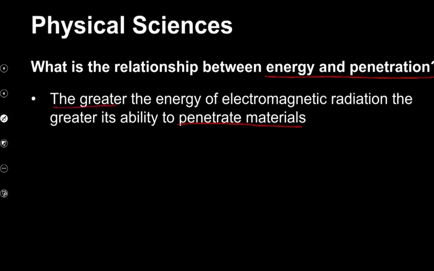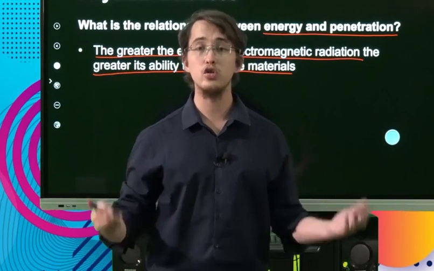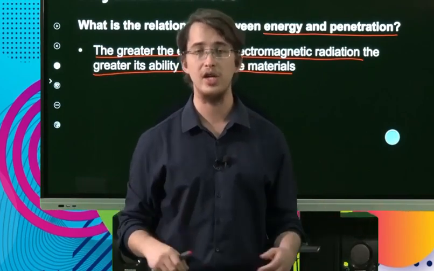The greater the energy of the electromagnetic radiation, the greater its ability to penetrate into materials. And when high energy electromagnetic radiation penetrates a material, it is able to transfer energy to it. So now we've seen that penetration is also linked to the amount of energy.